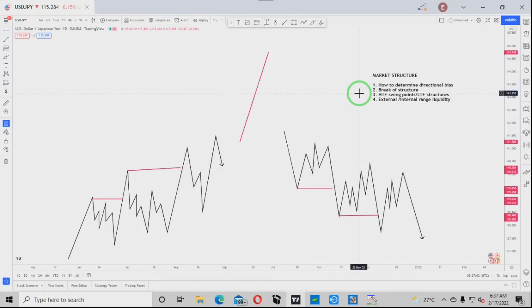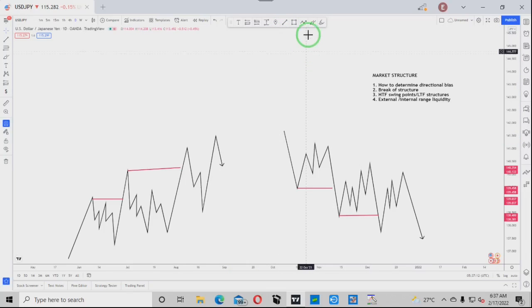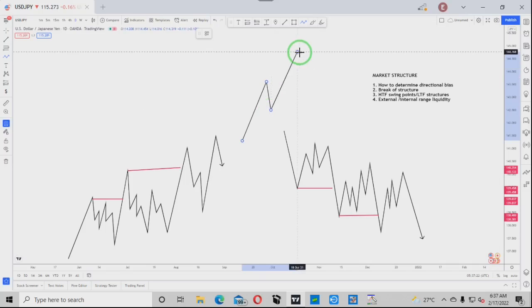So price does not move in a straight line the way many traders think. Neither does price move in a clean manner such as this. How often do you see price move in this clean manner? Not so often, right? Price doesn't move in that clean manner.